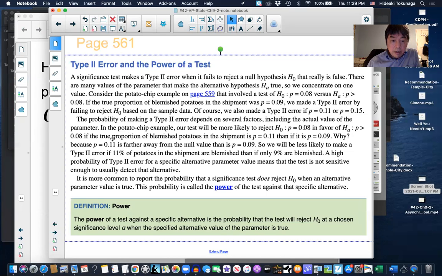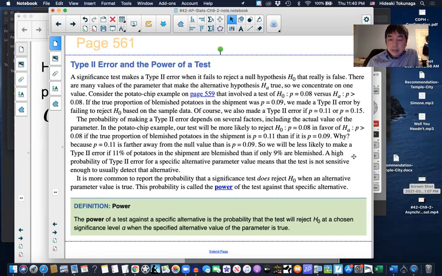If the true proportion of blemished potatoes in the shipment is 0.11, rather than p equals 0.09, why? Because this is much higher, right? And because 0.11 is farther away from the null value than 0.09, okay? So we will be less likely to make a type 2 error if 11% of the potatoes in the shipment are blemished than if only 9% are blemished.